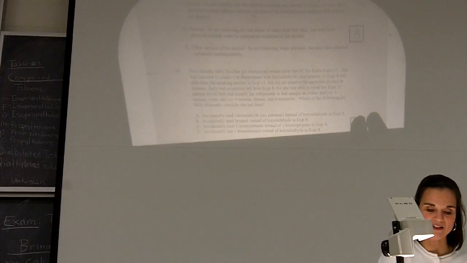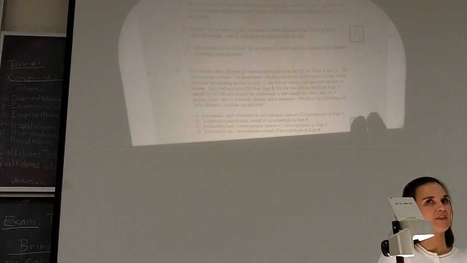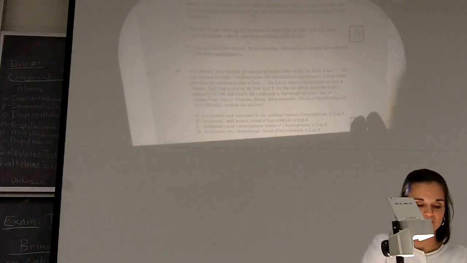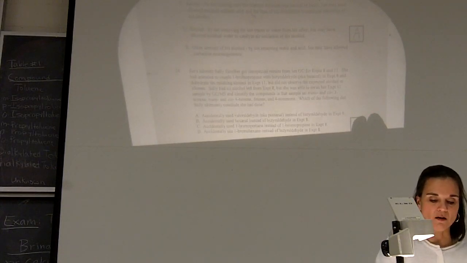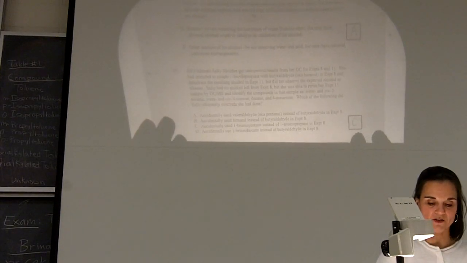No. So it's not B. Accidentally used 1-bromopentane instead of 1-bromopropane. Yes, right? Because then you will get the decane from the 1-bromopentane reacting with itself if you add it too quickly. And then you would have gotten the right alkenes and the right ketones. So the answer is C.